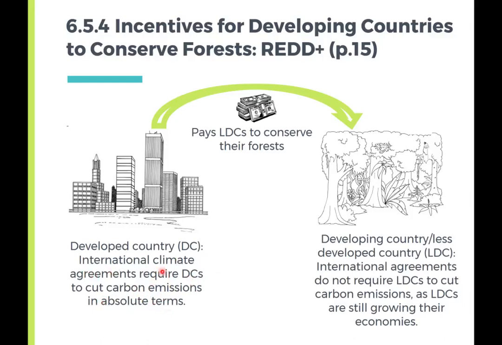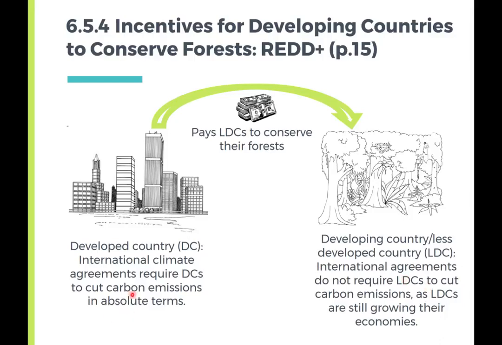However, the same international climate agreements do not require LDCs to cut carbon emissions, as it's understood that LDCs are still growing their economies, so they are given some slack in this regard. So, for instance, if LDCs were to build more factories to create jobs, they are sort of allowed to do that because they need to promote economic growth and reduce poverty.